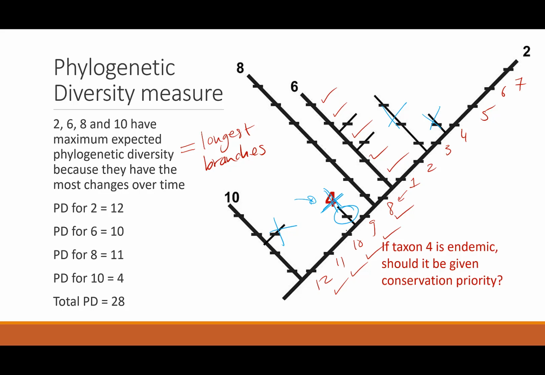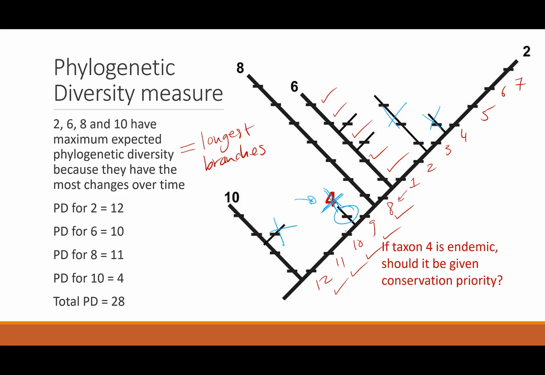What would be really sad is if you lost species 2, or even if you lost species 8, and the worst of all is if you lost all of these species. Let's say that we decided to save species 4 because it's endemic, it's some really cool lemur that lives in Madagascar, but we've got species 10, 8, 6, and 2, which are not really of conservation concern.